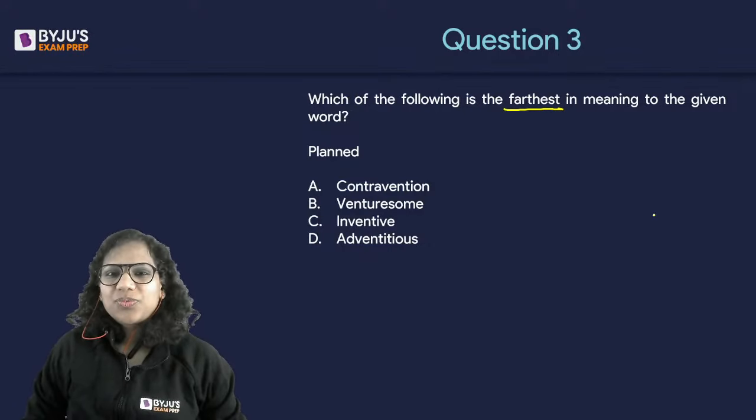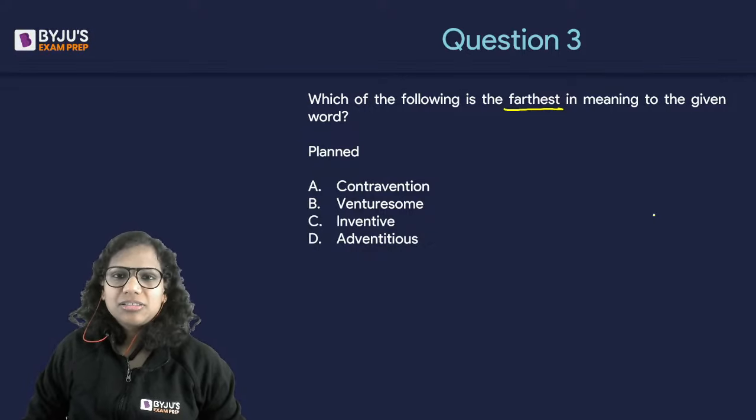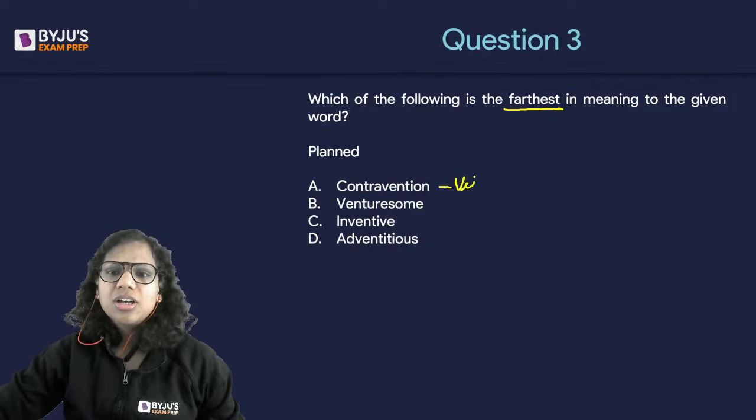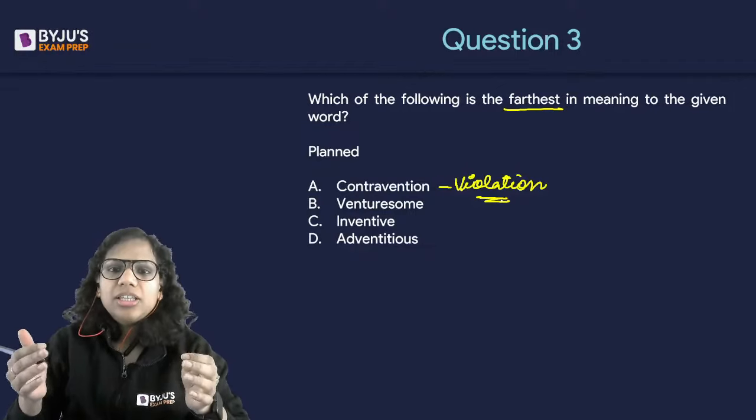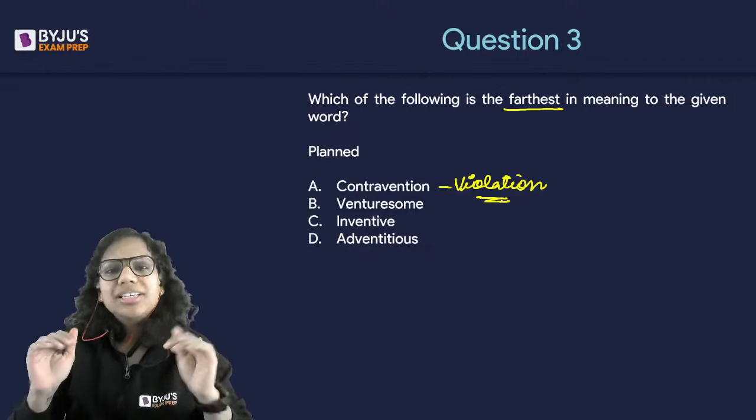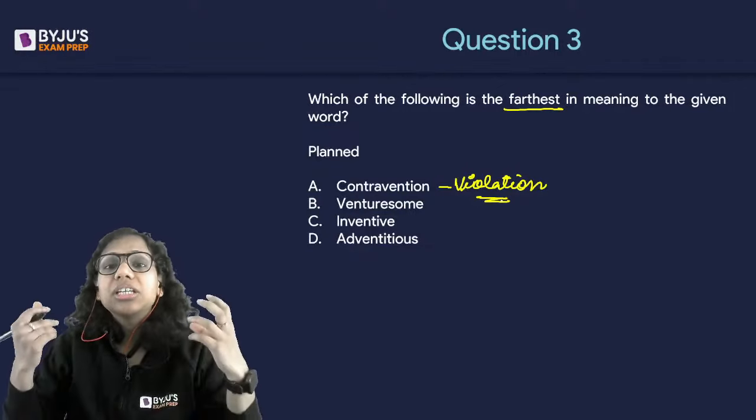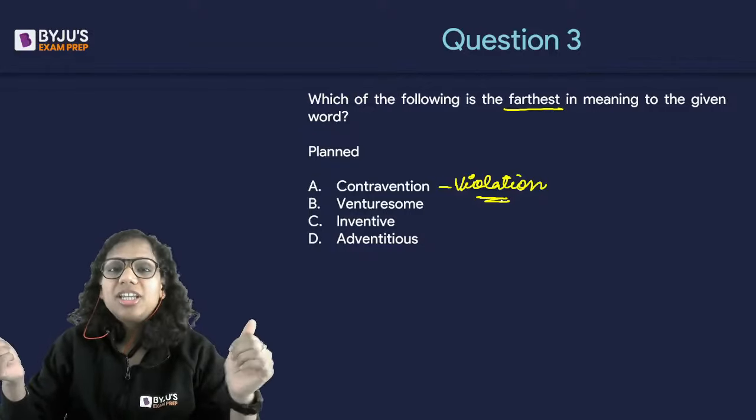So, planned. That means I need something that means unplanned, right? Contravention: when you are guilty of contravention of rules, you have violated some rules. So contravention is a violation. I think the best strategy that works is, either you know the exact meaning of a word, or if you do not, just recall where you read it, in what context.